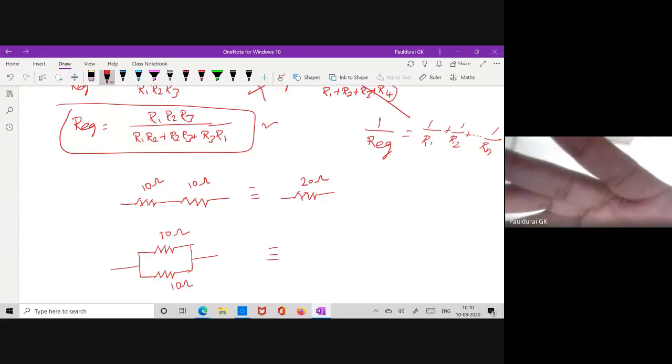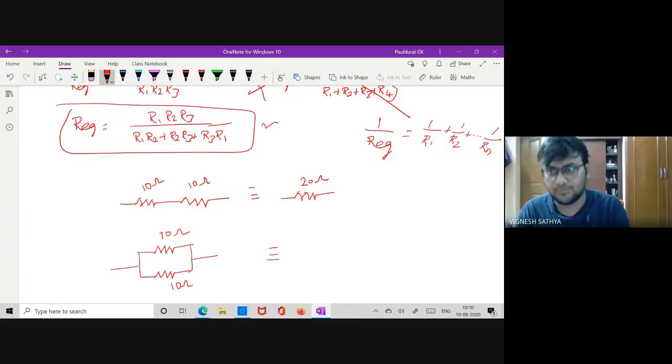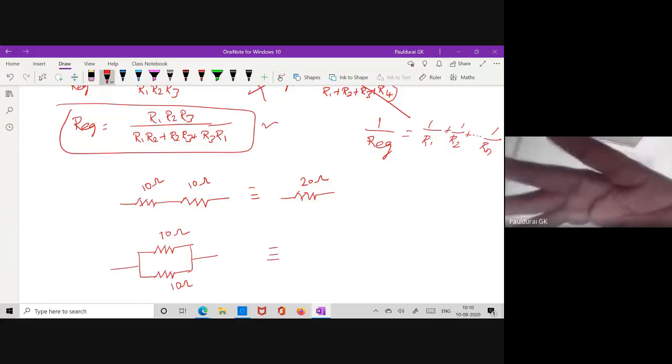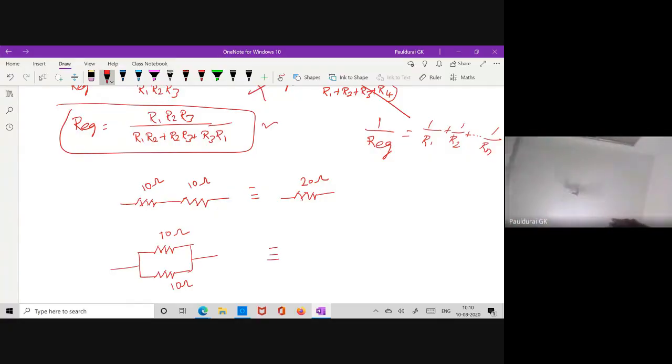Series என்னாச்சு? Double ஆயிருக்கு இல்லையா? Same if you connect two in parallel, what will happen? You know R1 R2 divided by R1 plus R2, right? So R equivalent is equal to 10 times 10 divided by 10 plus 10.